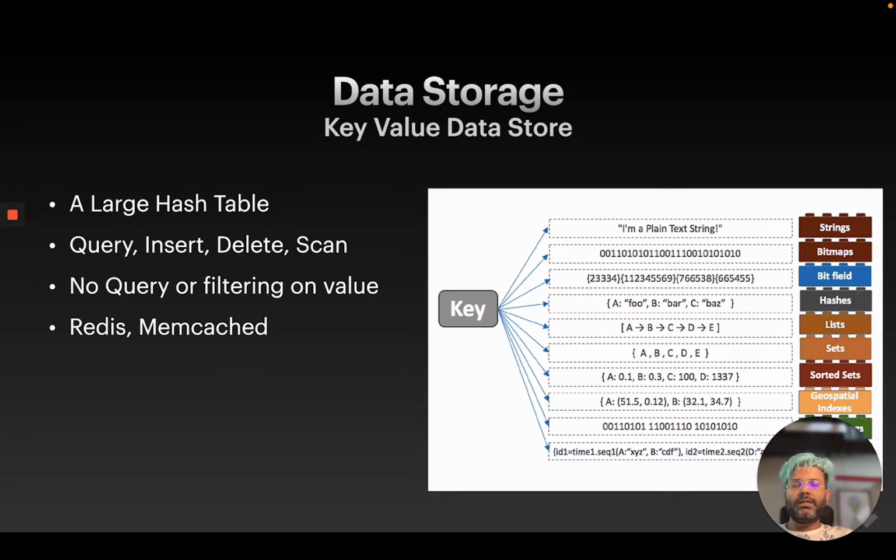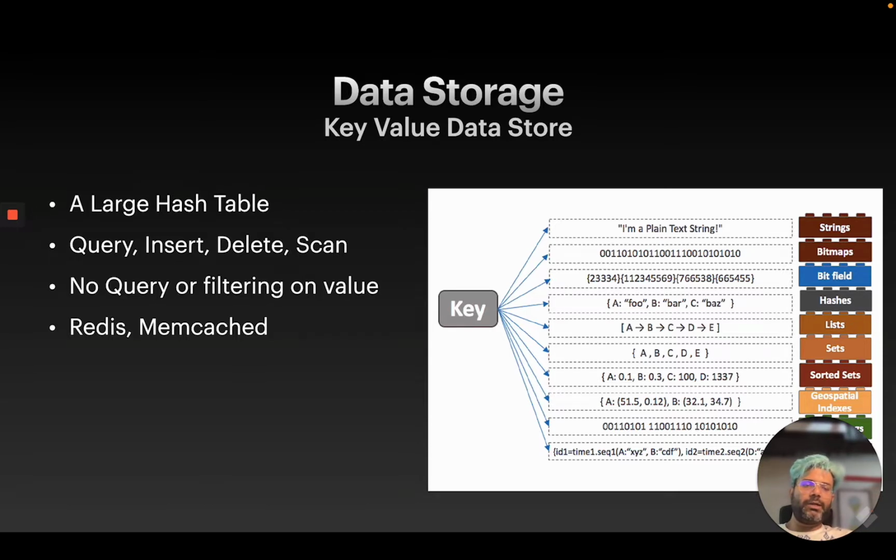So you can imagine any application that needs to cache something for a relatively short or longer time span and needs very fast access to it typically ends up using this kind of data store, and Redis and Memcache are very popular examples. In this case, the values can be pretty much any data structure.